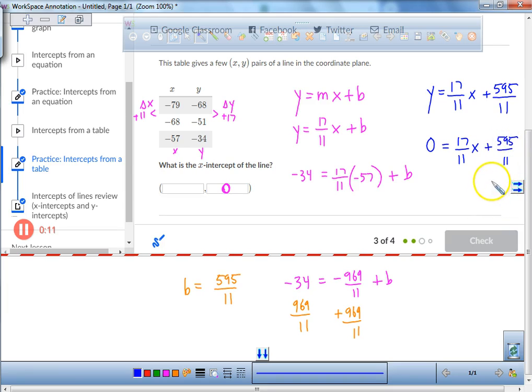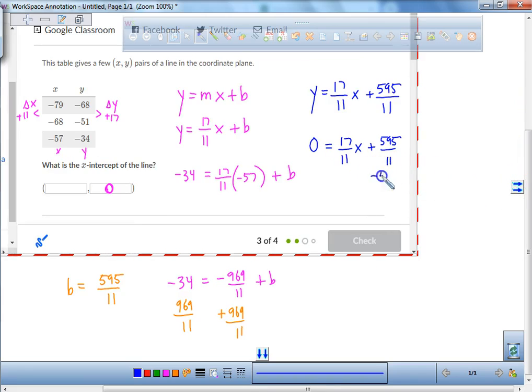So what do I have to do? I literally have to take away this fraction from both sides, and I get negative 595 over 11 equals 17 over 11x.